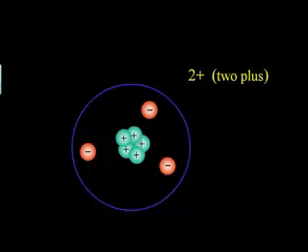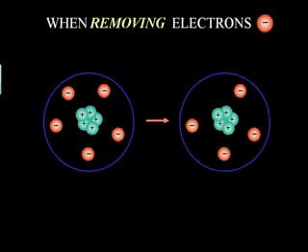We have 2 more protons than electrons. Again, we're just manipulating the electrons. This atom is still boron because we still have 5 protons in the nucleus.